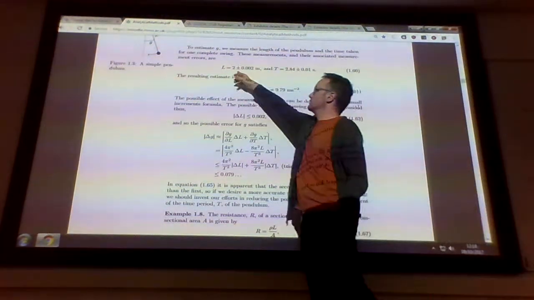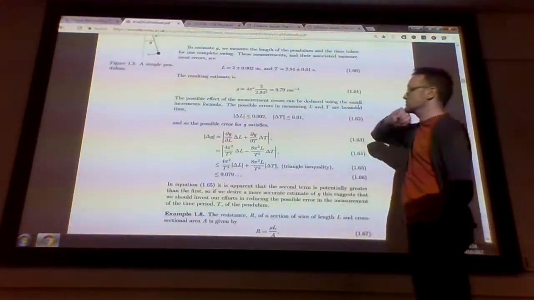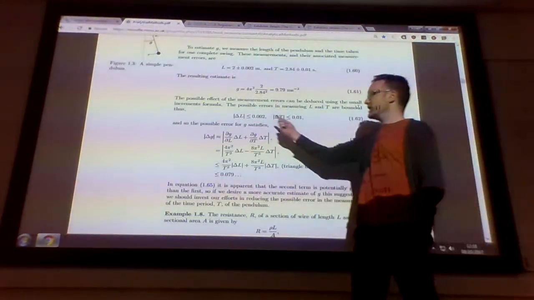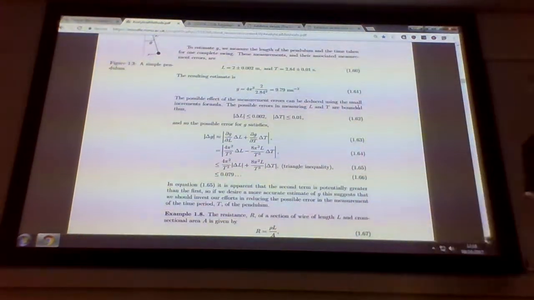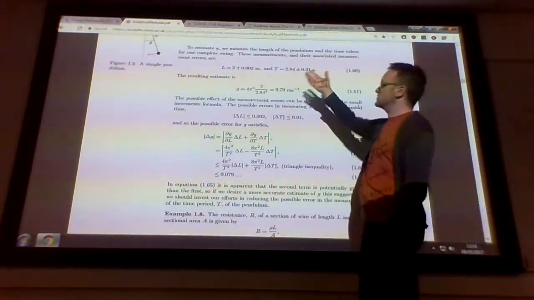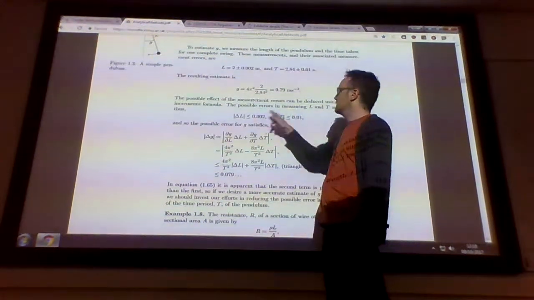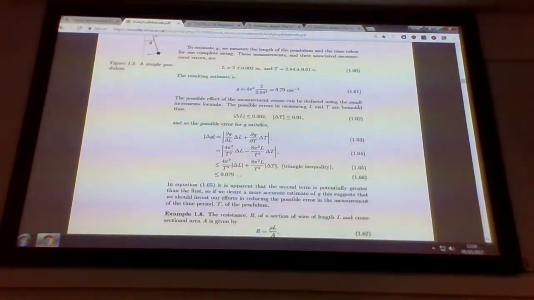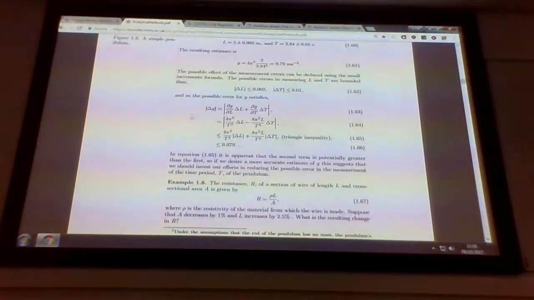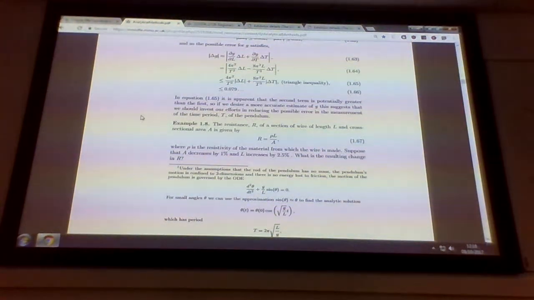We did the best we could and measured 2 meters and 2.84 seconds, but the actual precise values of the errors we can't access. But from our measuring techniques, we have perhaps some upper bounds that we believe in on the worst case that the errors can be. And then applying the small increments formula and the triangle inequality lets us work out some associated error for the estimate of G.